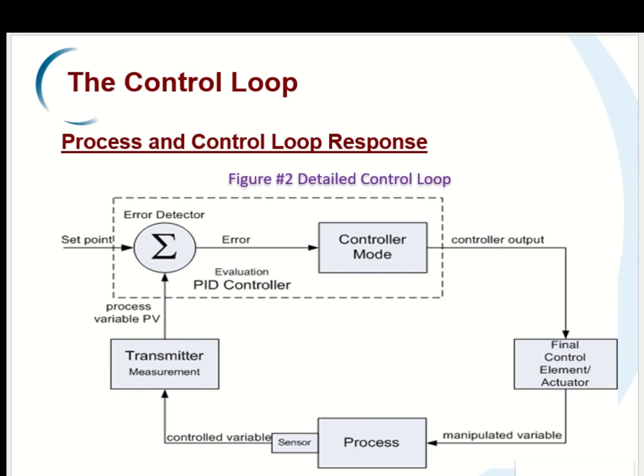If there is a difference, an error is produced, and simply stated, the operation of the error detector looks like this. The amount of error and the controller mode block will determine the value of the controller output. The controller mode block also determines whether the output signal increases or decreases with the amount of error. So error is basically process variable minus the set point. So this is the basic diagram of how the control loop response works.